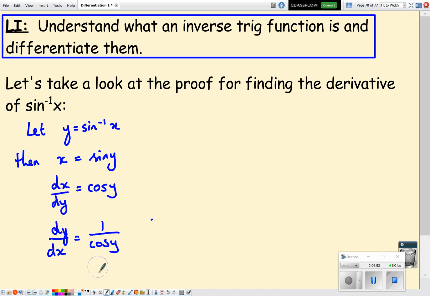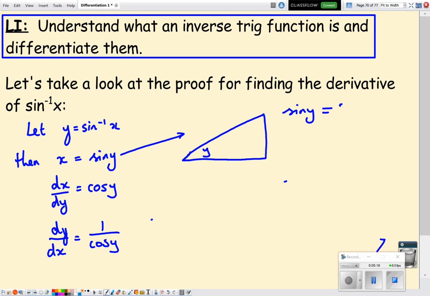So what we need to do is a little bit of messing around and see if we can get an expression for cos y in terms of x. To do that, we're going to take that line of work and produce a right angled triangle for it. So the angle is y, and sine y is equal to x over 1.